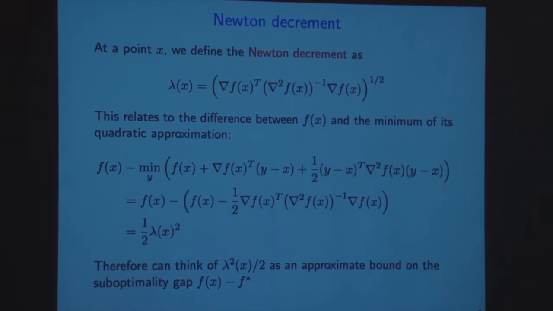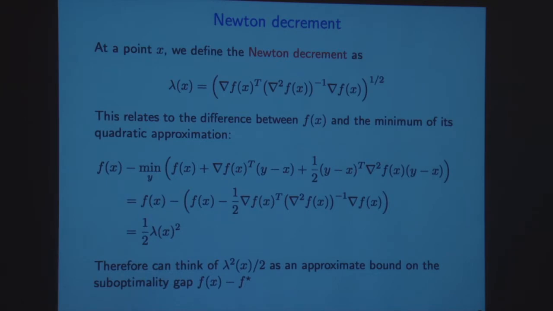The Newton decrement, which we usually write as lambda of x, is given by taking the gradient transpose the inverse Hessian times the gradient, and then taking the square root of that. So lambda squared is just the gradient transpose the Hessian inverse the gradient. And it has a nice relationship to the difference between f and the minimum of its quadratic approximation.